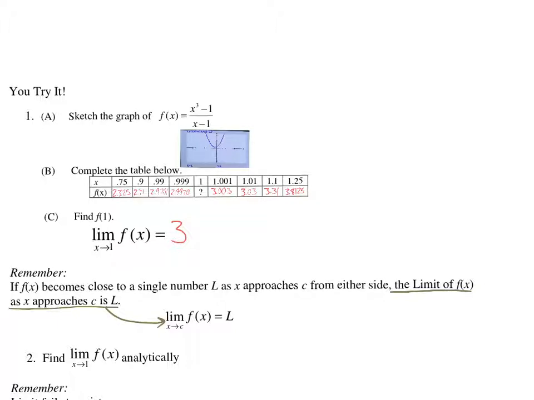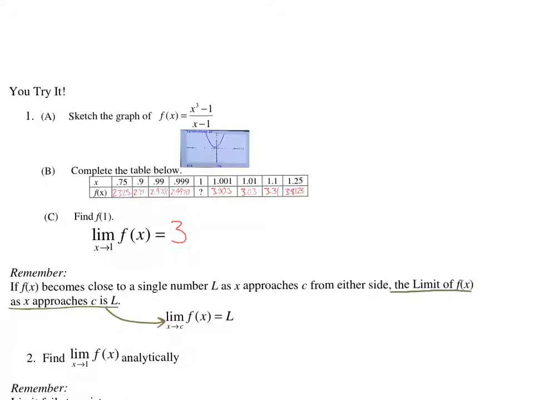So we saw this. In this case, L is 3. Our function is getting closer and closer to 3 from either side, so we would say the limit equals 3. Any questions?